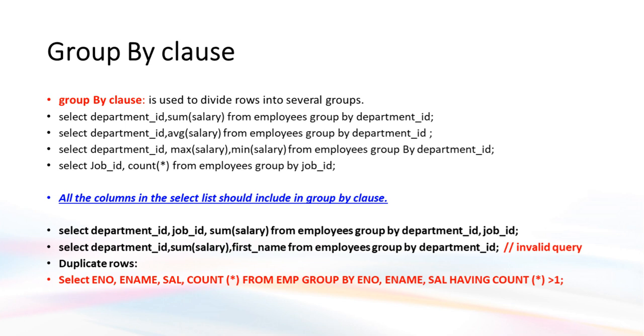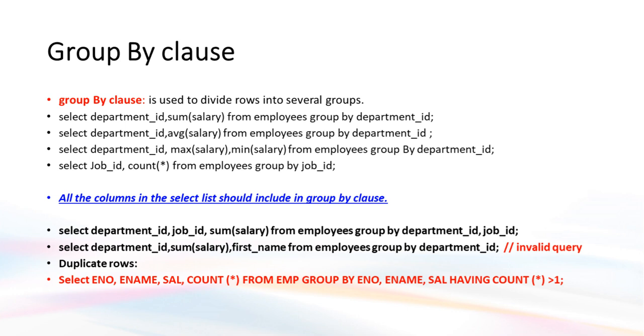Select department ID, job ID, comma, sum of salary: the sum of salaries of those employees who are working under the same department ID and job ID. From employees, group by department ID, job ID. So whatever columns we have used in the select list, all the columns must be part of the group by clause. Okay, so this is how it will be printed.